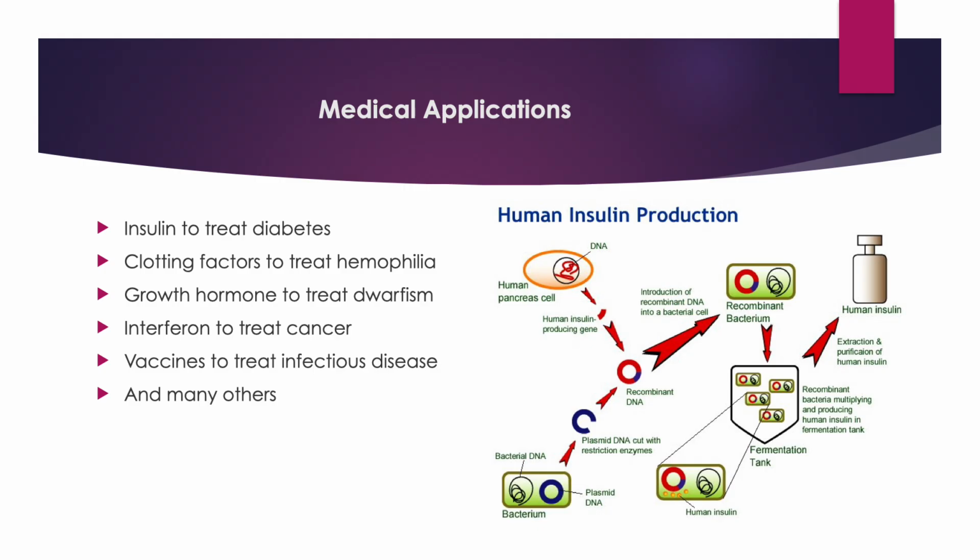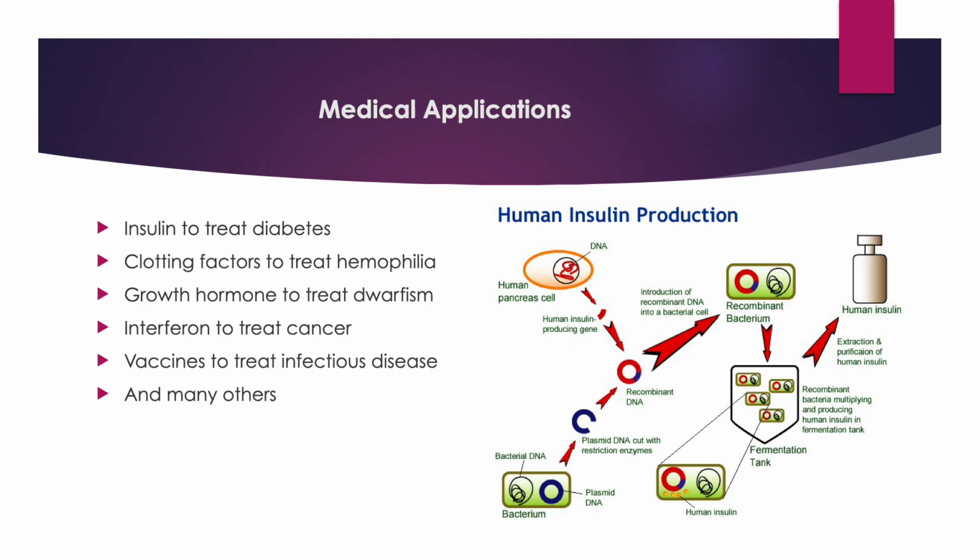That bacteria is now grown in a tank, and pure human insulin can be isolated from there very easily. And those bacteria now have that gene forever, so they'll keep producing insulin as long as you feed them sugars and amino acids that they need. And so it's a very cheap way to produce very, very high quality insulin.